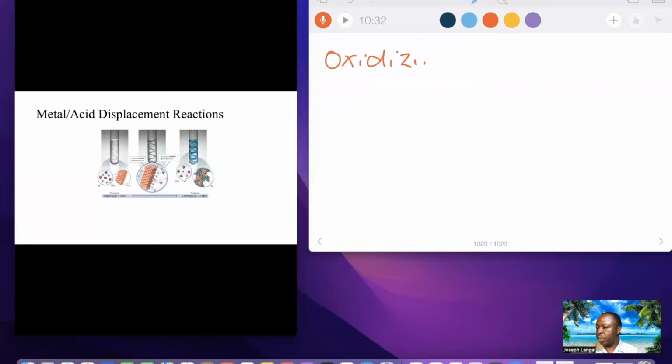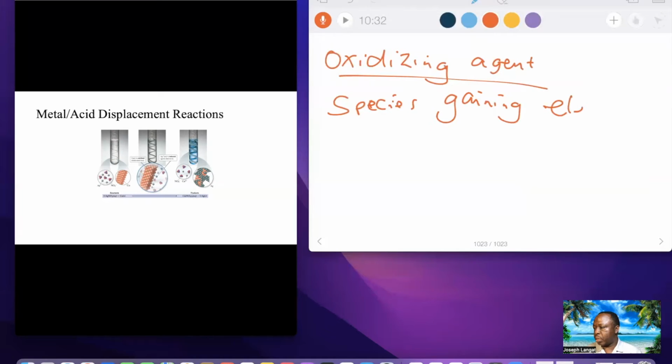Because you see these terms in the exam, oxidizing agent. How do you identify oxidizing agent? This is the species gaining what? Gaining electrons. The species gaining electron is the oxidizing agent, the one making the other species lose electron.